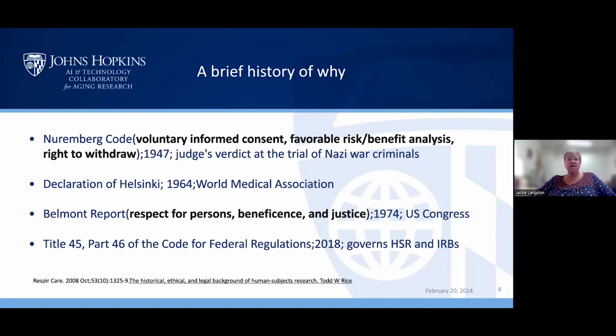More recently, the Code of Federal Regulations was published in 2018. Title 45, Part 46, governs human subjects research and IRBs, and helps the government have oversight of what's going on in human subjects research.